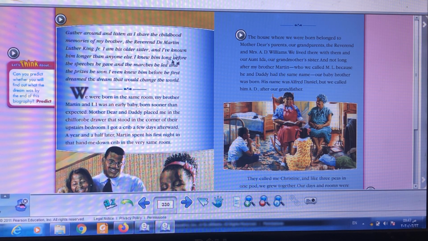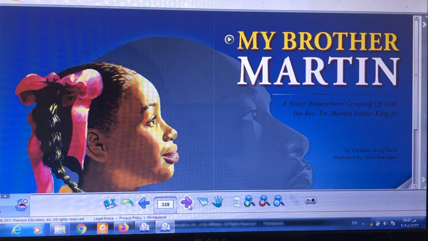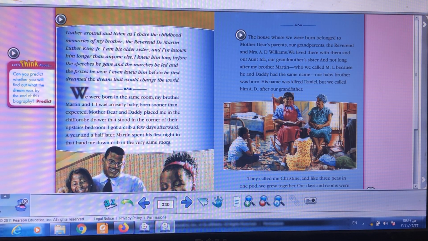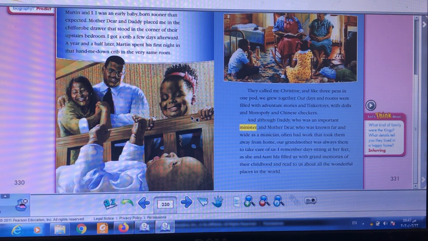In the first two pages here, Christine, the girl, as I told you at the beginning of the story, is going to explain all the events of her brother's life from the beginning till the end. What can you see here?